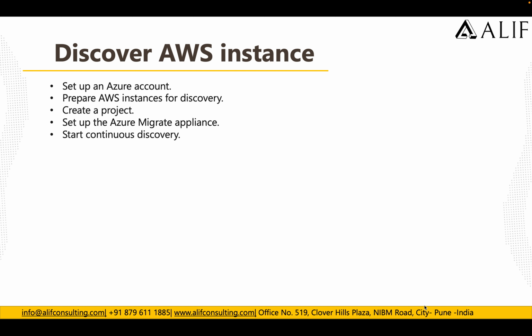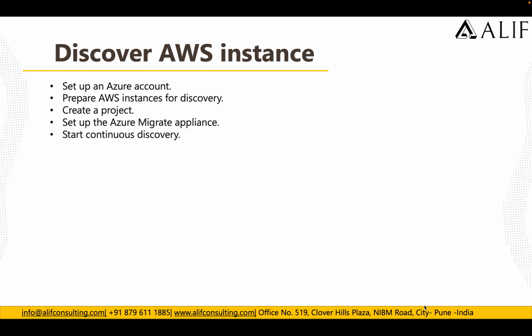Fourth, you need to set up the migration appliance in AWS so that the appliance can discover the VMs, so that further you can do the assessment using the Azure Migrate appliance. Fifth, continuous discovery, which happens automatically as soon as new instances are added into the AWS environment, right? So these are the five steps to discover the AWS instances.